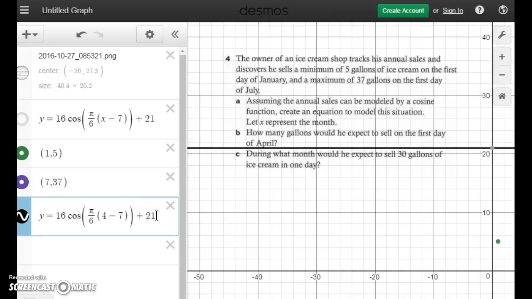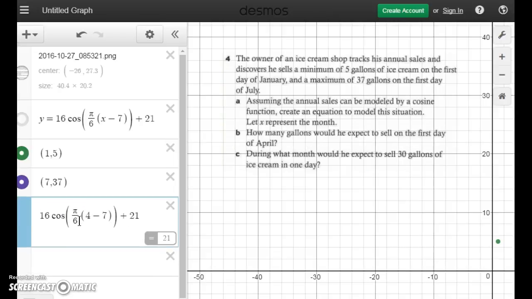What's my value? Hang on a second. Okay, so I have that expression there, and I replaced X with 4 because it's April. And there you go. In April, according to the equation that we came up with, the ice cream shop will have an ice cream sale of 21 gallons.